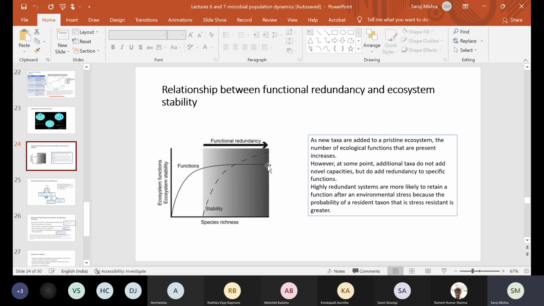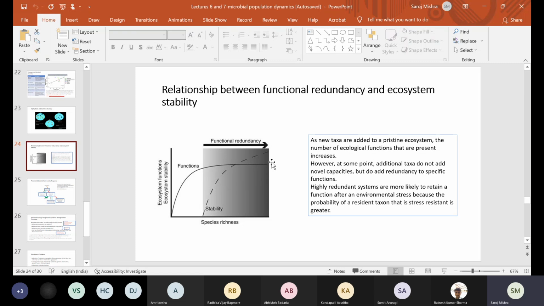Such data has been collected from different kinds of ecosystems. So after some point, you had 1600, then maybe 2000, 2400, 2800, and so forth. But after some time, in spite of increasing the species richness, the functions associated with the ecosystem are going to plateau off.